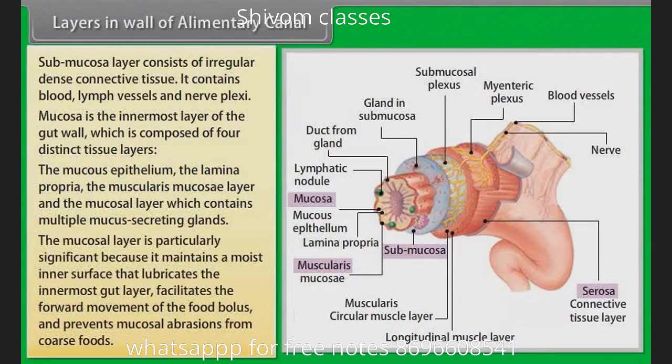The mucosal layer is particularly significant because it maintains a moist inner surface that lubricates the innermost gut layer, facilitates the forward movement of the food bolus, and prevents mucosal abrasions from coarse foods.